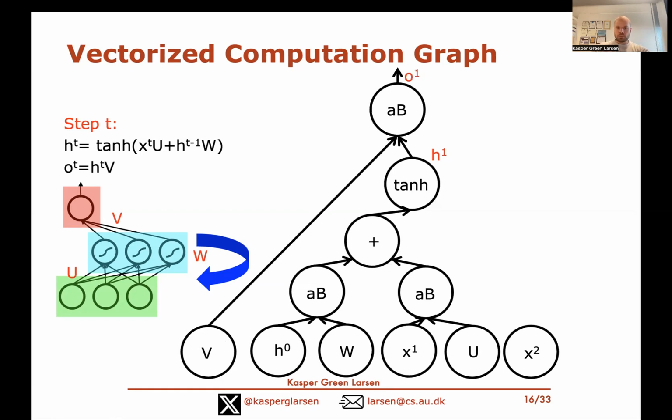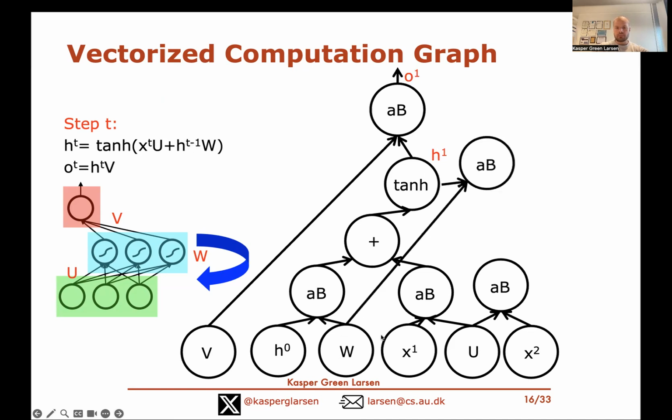Then we move on to step 2 of the computation. If we unfold all of this, we start by taking the x2 feature vector and multiplying it with U, a vector matrix product. Now we also take the h1 vector, which we have up here in the computation graph, and multiply it with W, another vector matrix product.